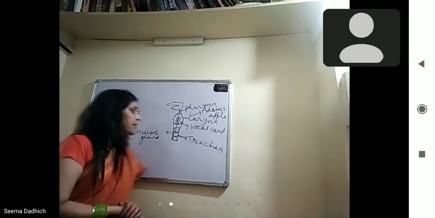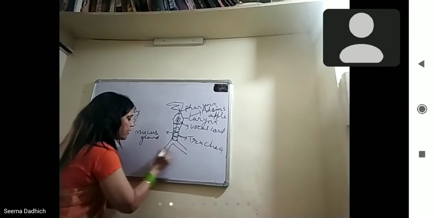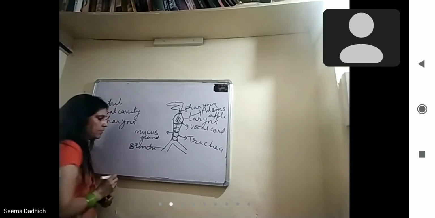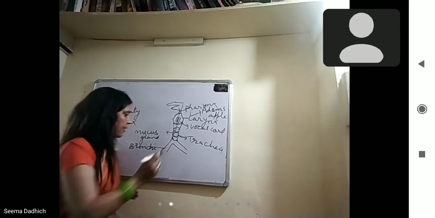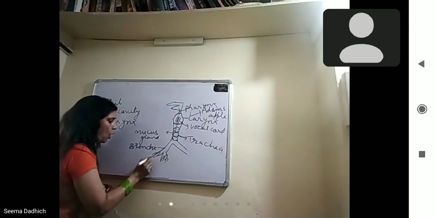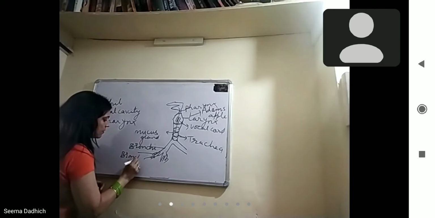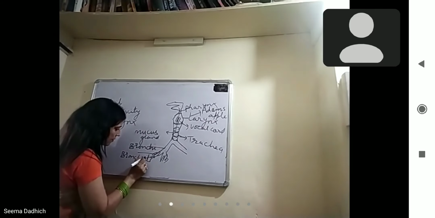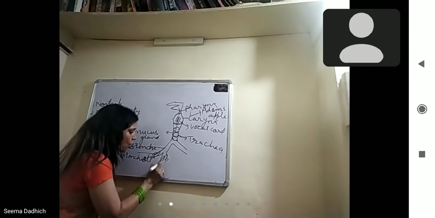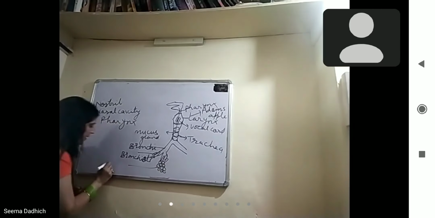The trachea divides into two branches called bronchi. The bronchi divide into many branches called bronchioles. The bronchioles change into sac-like structures called alveoli.